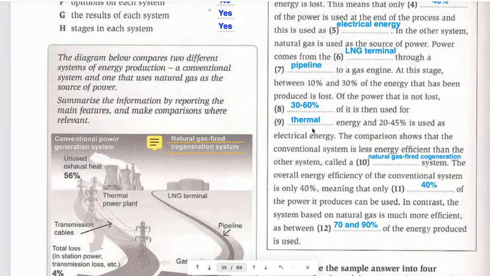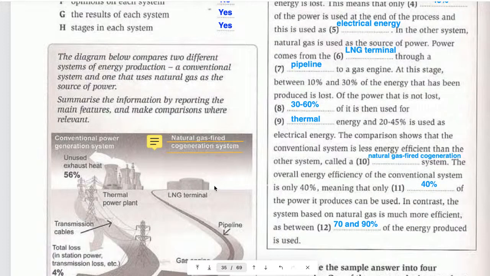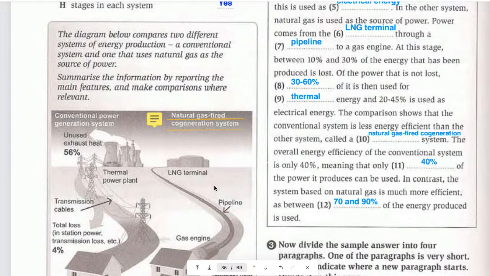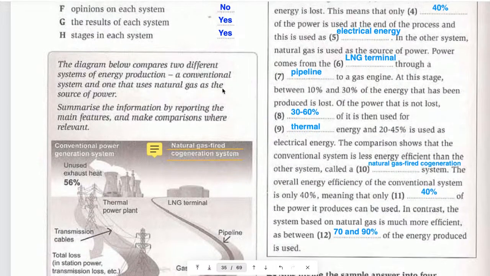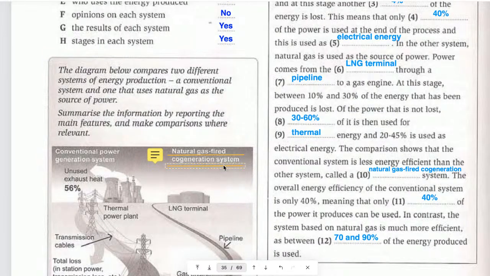Why do we know this? Because it talks about the system on the right. Yes, you can see they mentioned the name of the system, that is natural gas-fired cogeneration system. So in this system, natural gas, you see they mentioned the name natural gas. So that's why natural gas is used as the source of power. That's also the name of the system here.